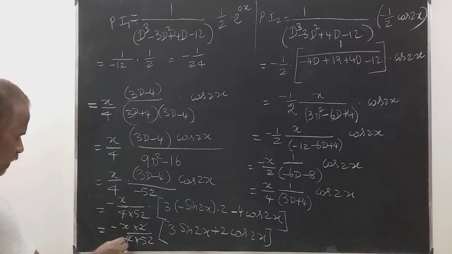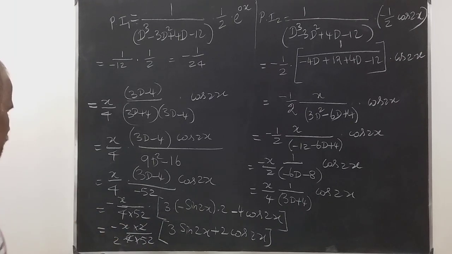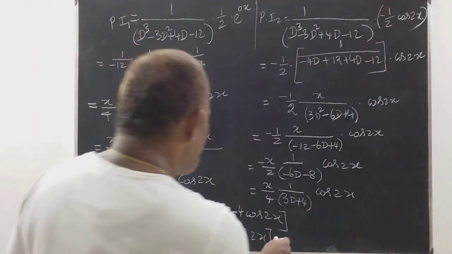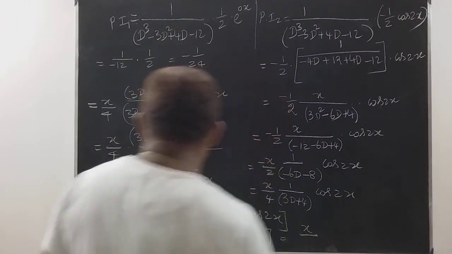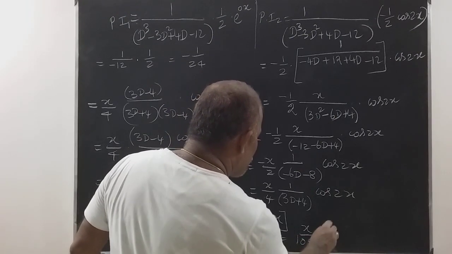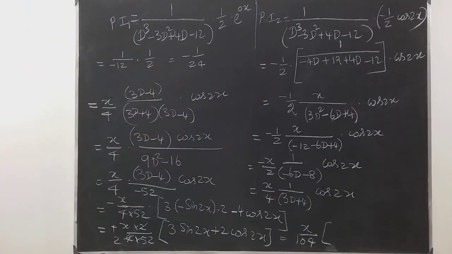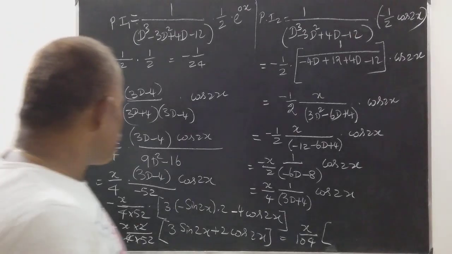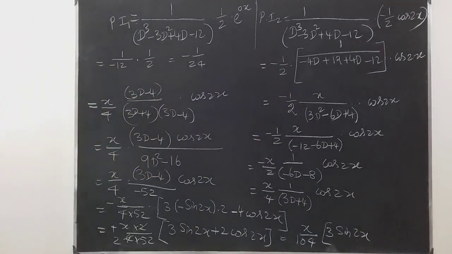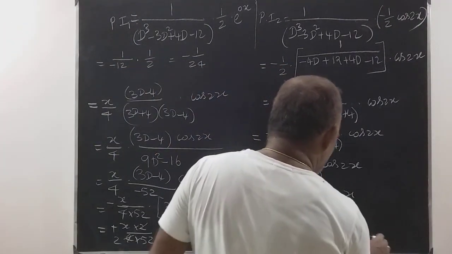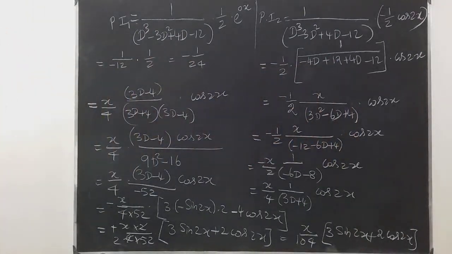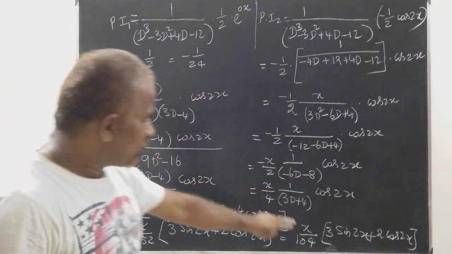So 2 will be cancelled. This minus and this minus also will be cancelled. So therefore this is equal to x divided by 104 into 3 sin 2x plus 2 cos 2x. So therefore we have particular integral 1, we have particular integral 2.